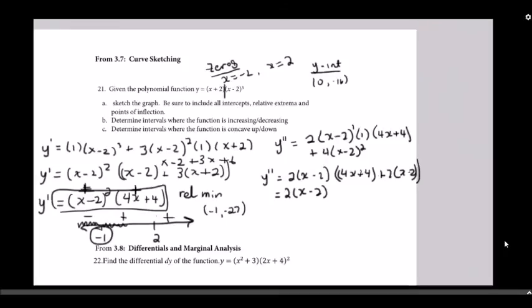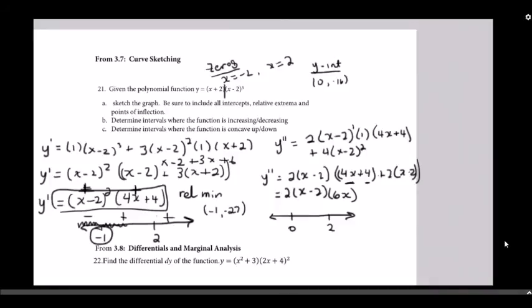So 4x here plus a 2x, that's 6x. And then we got a positive 4, and then here's going to be a negative 4. Those cancel out, so it's just 6x. So it looks like we have possible points of inflection at 0 and at 2.